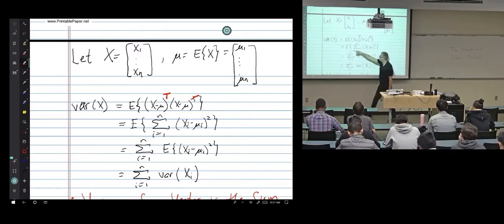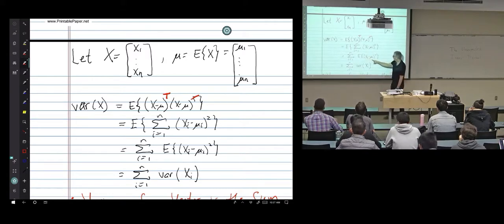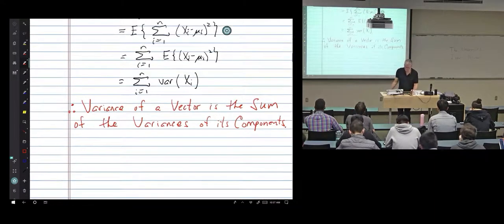And so you get that the variance of x is the variance of each of the components of the vector. Okay, so the variance of a vector is the sum of the variances of the individual components.